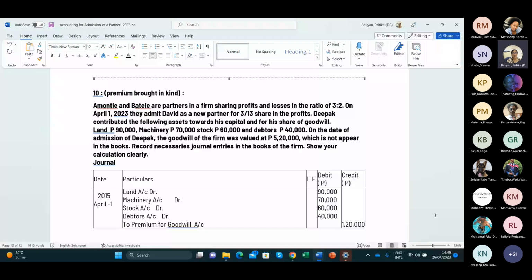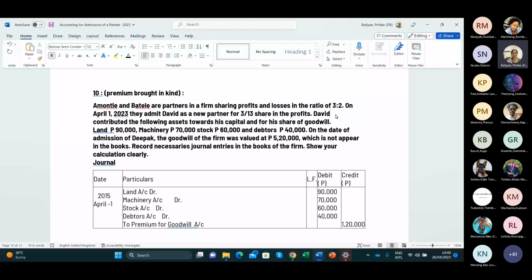On 1st April 2023, they admit David, a new partner, for a 3/13 share in the profit. David contributed the following assets towards his capital and for his share of goodwill: land for 90,000, machinery for 70,000, stock for 60,000, and debtors for 40,000.